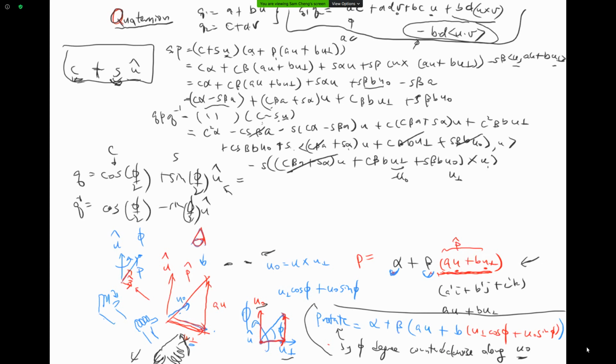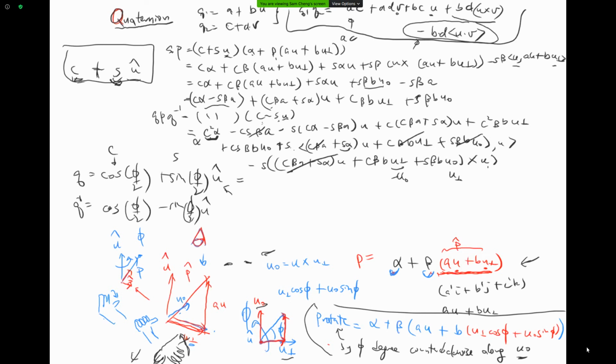This group together actually will give me alpha, because C square plus S square is equal to 1. Q is a normalized quaternion, or you can think of C as cosine phi over 2 and S as sine phi over 2, so cosine square phi over 2 plus sine square phi over 2 is equal to 1.